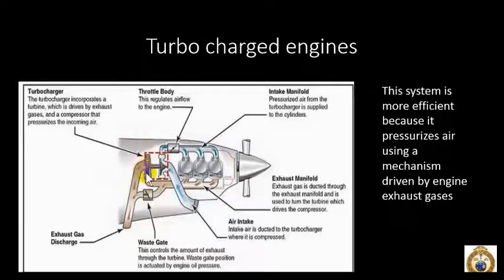But what this is doing is turning a turbine connection, and it's actually sucking in more air and packing it tighter. Kind of like a pressurization system, so that's pretty cool. But this is not dependent on engine output or anything like that.